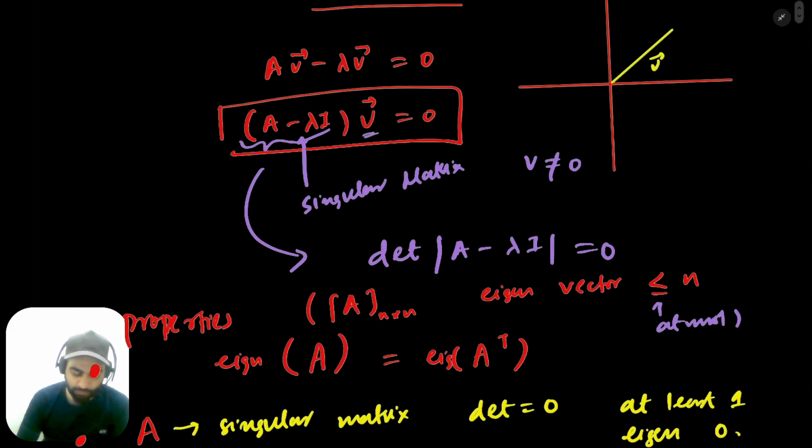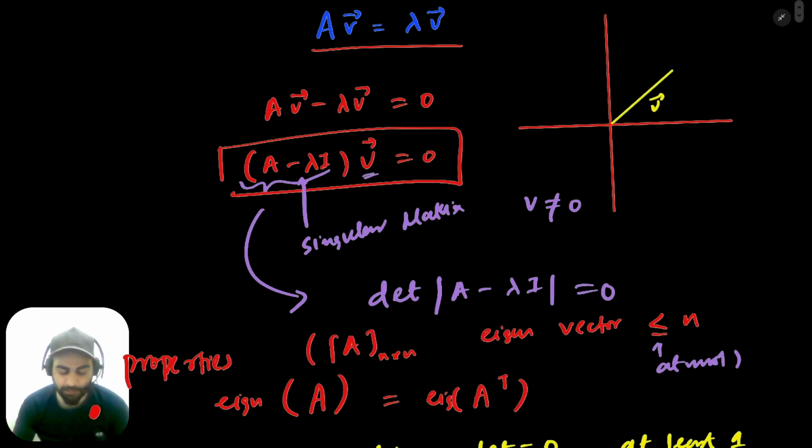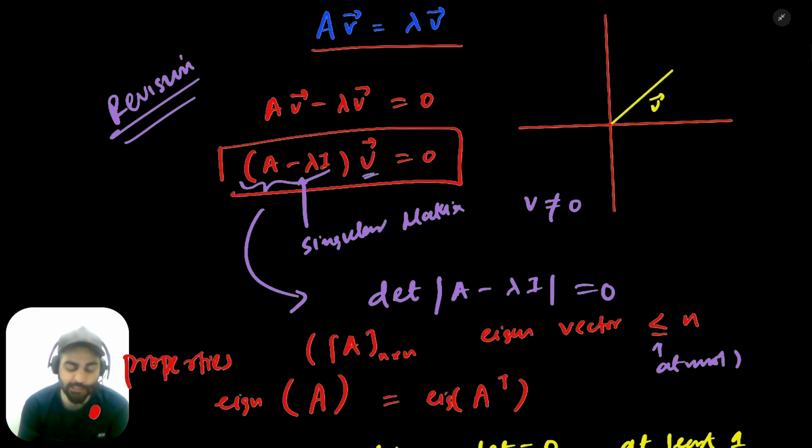Okay, so these are the properties, and this is just a revision of what we saw in the previous class, where we also did some examples. Again, to reiterate, A here is a matrix which describes a linear transformation. A linear transformation transforms the vector space, so all the vectors will be transformed, but there will be some special vectors which won't be.